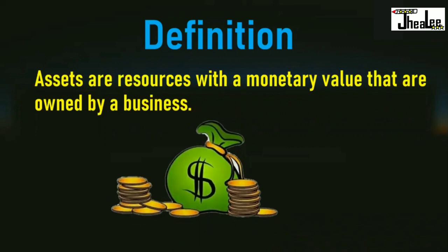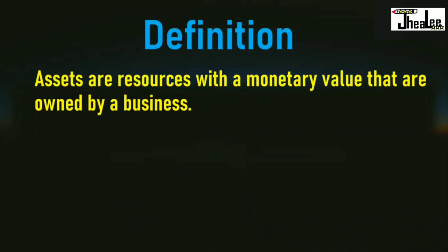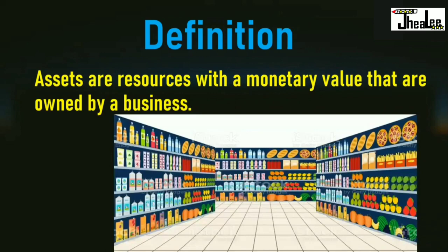Now, another example right there, you go to a store, the items that are on the shelves for resale, those are owned by the business. So therefore, they are classified as asset. So items bought primarily for resale, the term for that is goods, or you can refer to them as inventory.